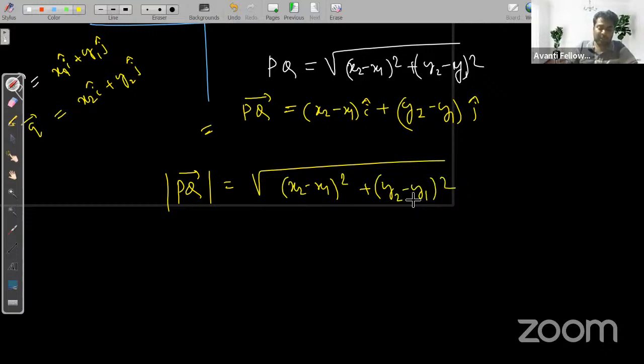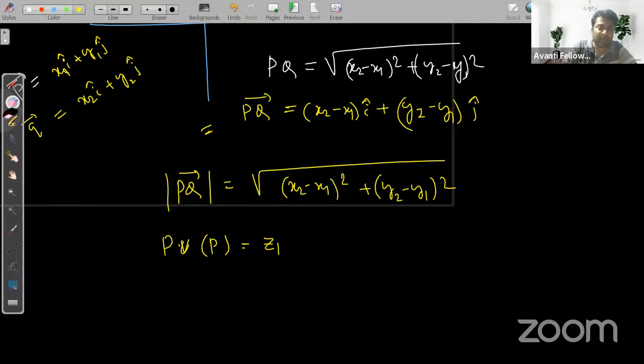So the position vector of point P is Z1.